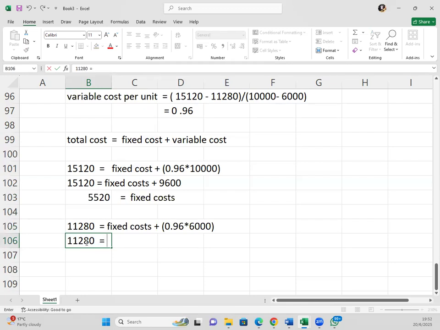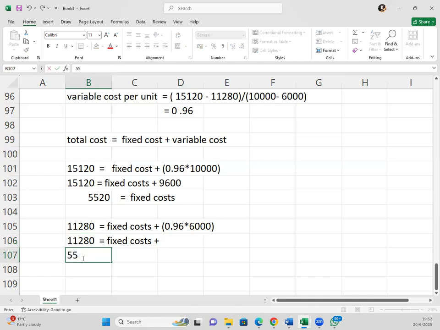So that's fixed cost plus 0.96 times 6,000. Let's be fast. Time is now running out. $5,520 is my fixed cost.